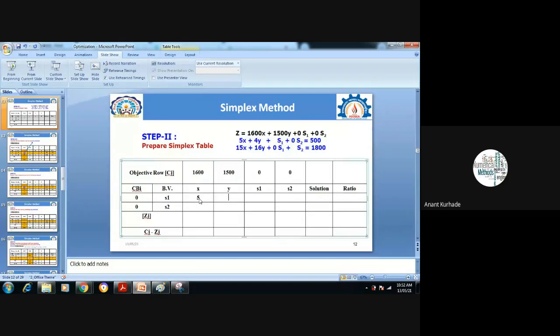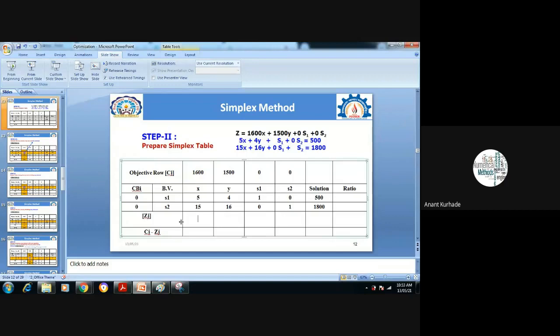What is the coefficient of y? 4. Next, S1: 1. S2: 0. The solution, equal to, is 500. Now the second constraint, put as it is: 15, 16, 0, 1, equal to 1800.